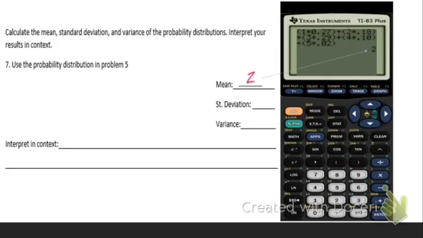Okay, now let's calculate the mean. The mean is the sum of the random variable x times the probability of the outcomes. So I used the table in the previous slides, and I entered that data on my TI-83 Plus calculator.